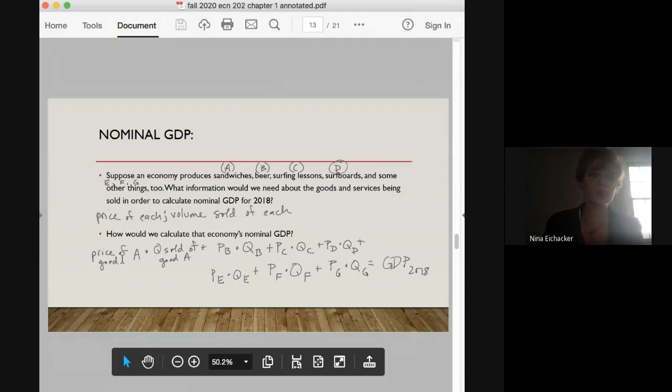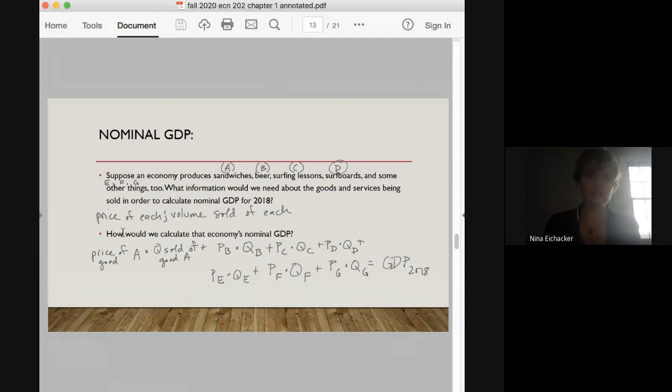So basically, we would start by taking the price of good A, the price of sandwiches, and multiply it by the quantity sold of good A. In this case, the number of sandwiches our little economy's sandwich shop has sold.